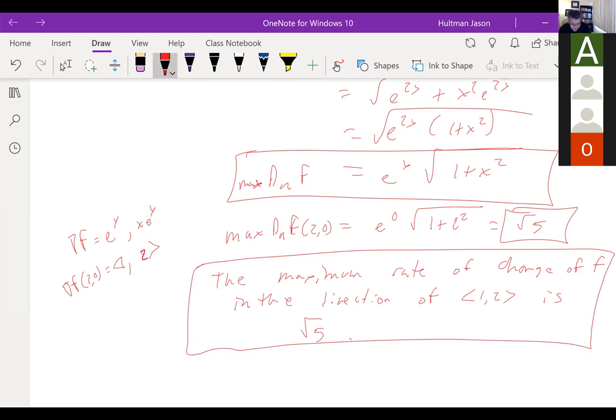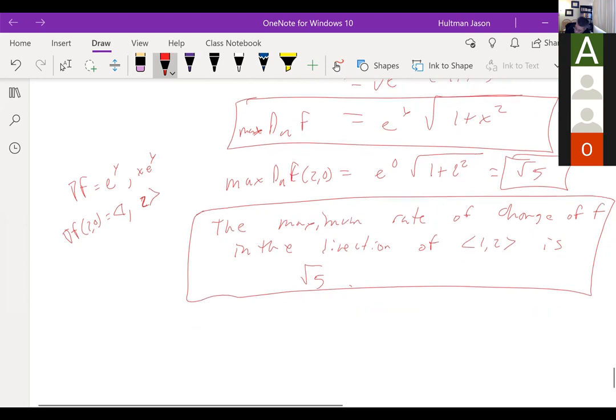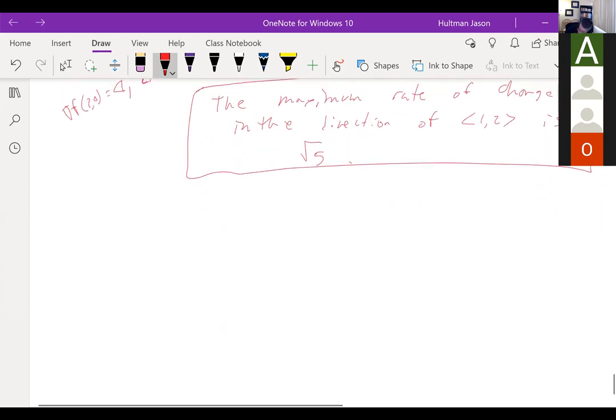Okay. Tangent planes to level surfaces. Let's look at that one real quick.